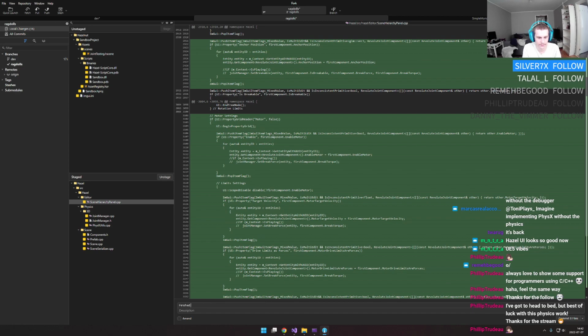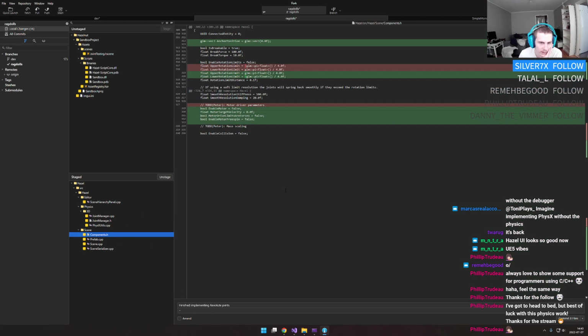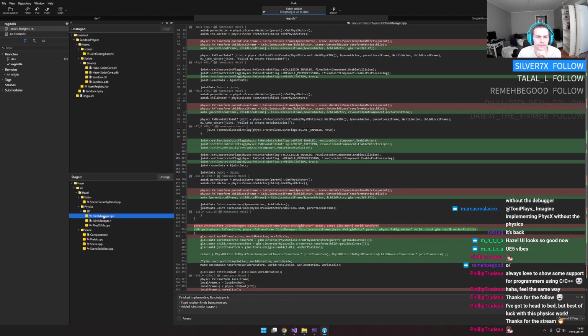Finish implementing Revolute joints. We added, first of all, fixed rotation limits being inversed, added joint motor support, which is dead easy, semi-fixed local frame calculations.